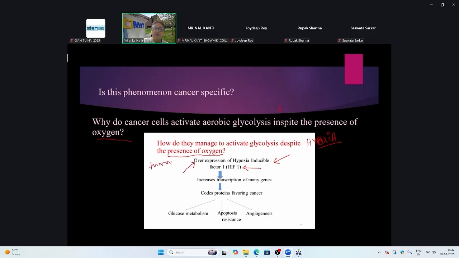The tumor cells have figured out they are now hijacking your system, and they're telling the cells to make the HIF genes. Okay, it's like saying fire, fire, and immediately people will start coming and will try to throw water on the house whenever they listen to the word fire.